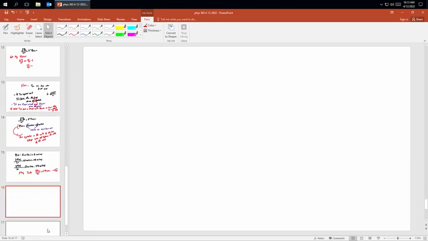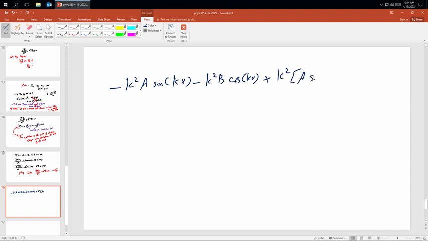So, in doing so, what we have is minus k squared a sine k of x minus k squared b cosine k of x plus k squared times a sine k of x plus b cosine k of x is going to equal to 0.